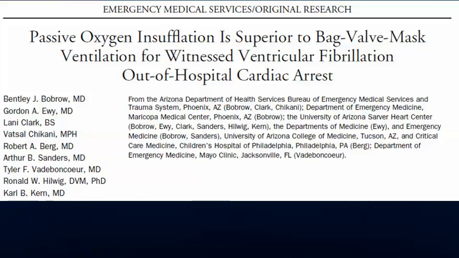Consistent use of closed chest compressions rather than attention to ventilation is currently the standard.